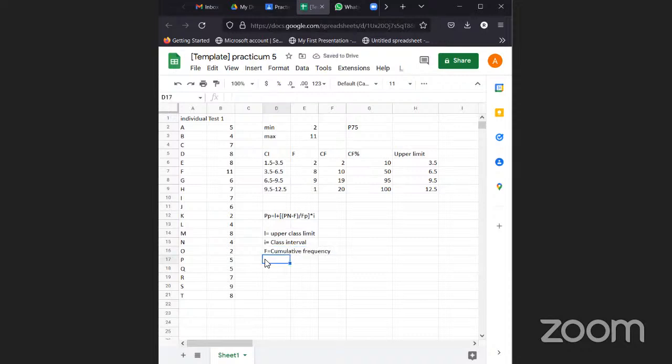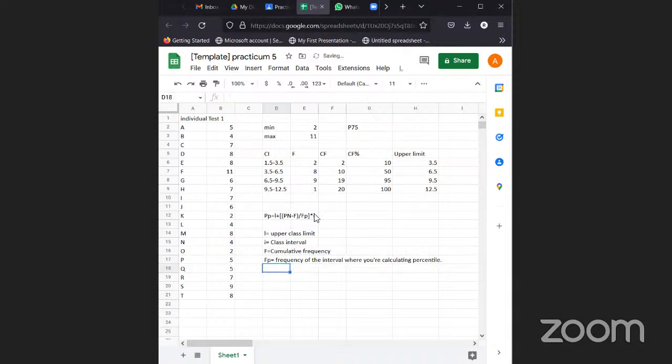And then we have FP, which is nothing but the frequency of the interval where you're calculating the percentile. So that's FP.